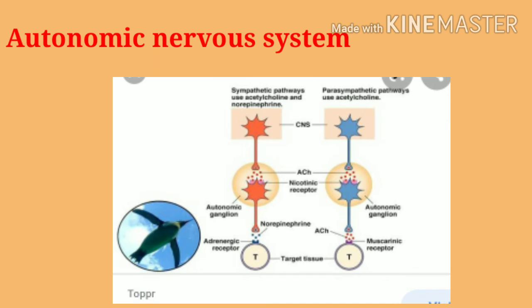The terminal end of the postganglionic nerve fiber, that is the adrenergic fiber, produces adrenaline and noradrenaline at the effector organ. The sympathetic nervous system controls the fight and flight response during emergencies, and it stimulates most body organs except the digestive and excretory organs.